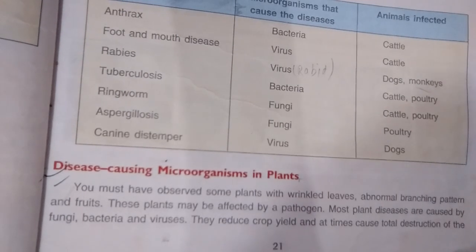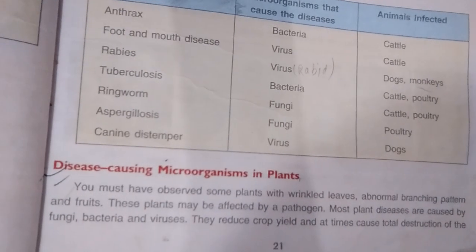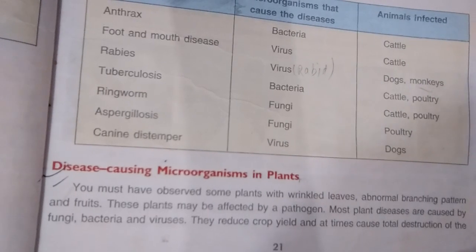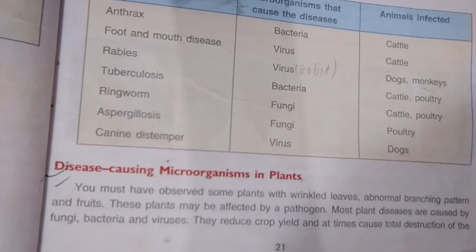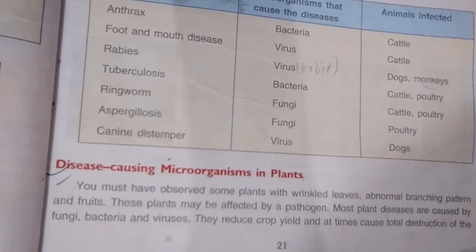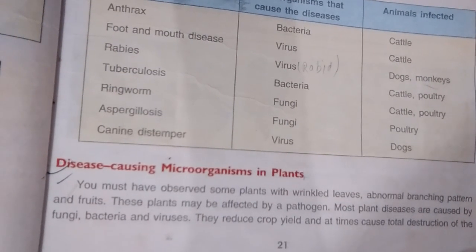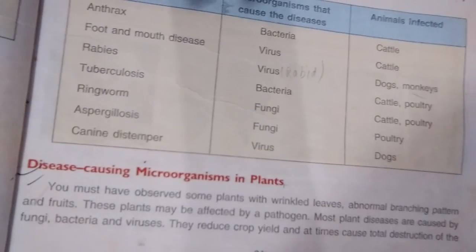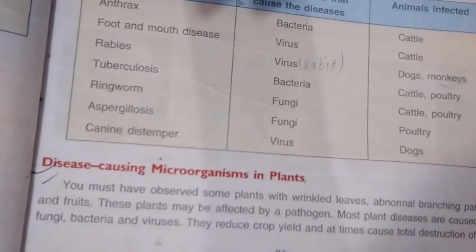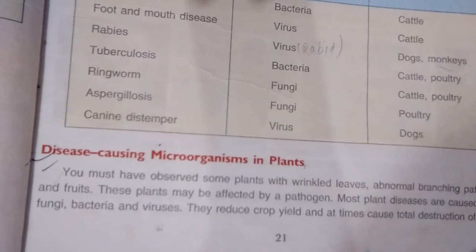They are mainly fungi, bacteria and virus. They reduce the crop yield at the time of infection, and there may be total destruction of the crop, and that may cause famine.